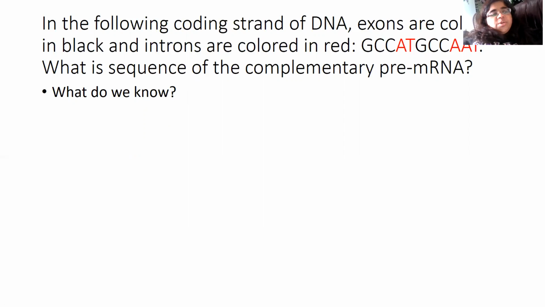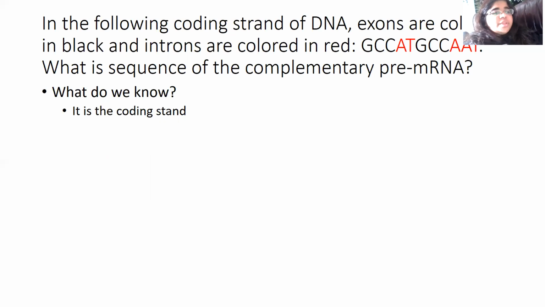So what do we know in this question? We know that it is the coding strand. I forgot to mention this in the last session that we did. So we have a coding strand and a template strand. I'm going to show you two different questions of this.